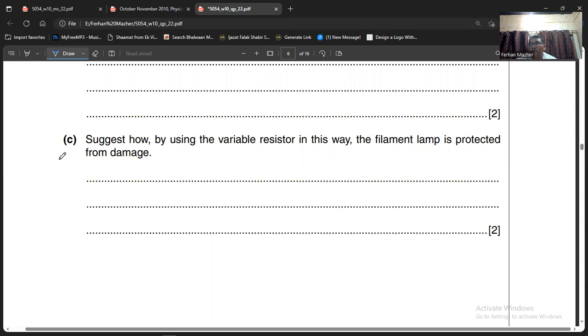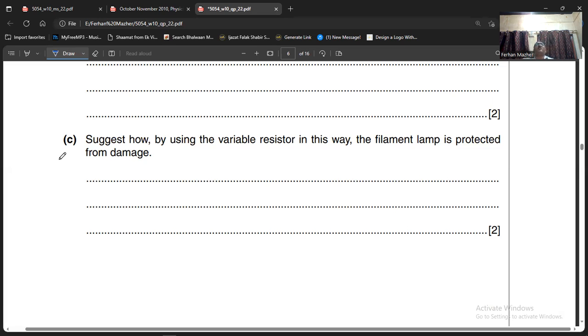And due to this, a small current comes from the battery or from the mains supply. And then we gradually reduce the resistance of the variable resistor. When we reduce the resistance of the variable resistor, the current from the battery gradually increases because the circuit's resistance decreases. And how does this protect the lamp?